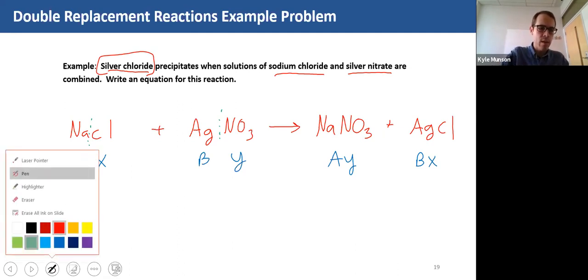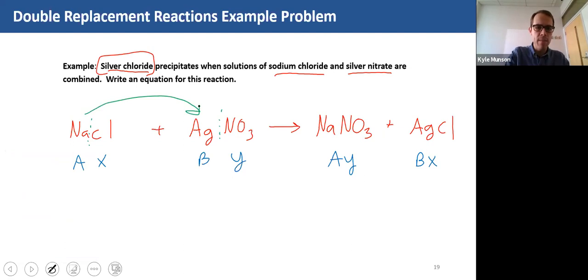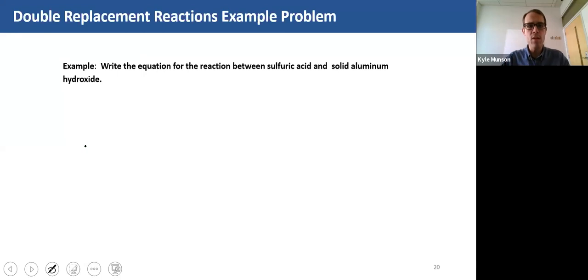So A is going over here. B is going over there. Okay. All right. So let's do one more example, I believe. Yes. So write an equation for the reaction between sulfuric acid and solid aluminum hydroxide. Okay. So we have to go back to naming acids, right, to write this down.